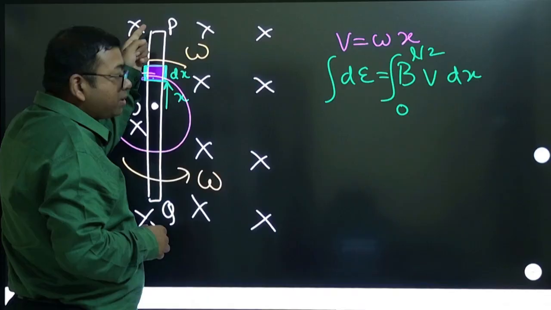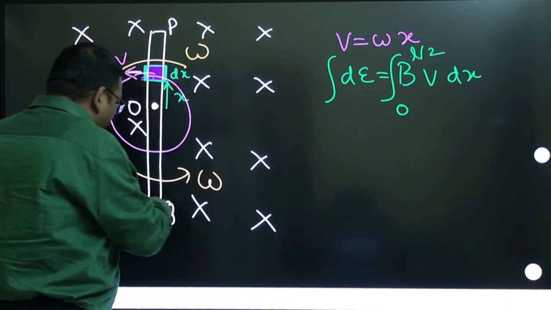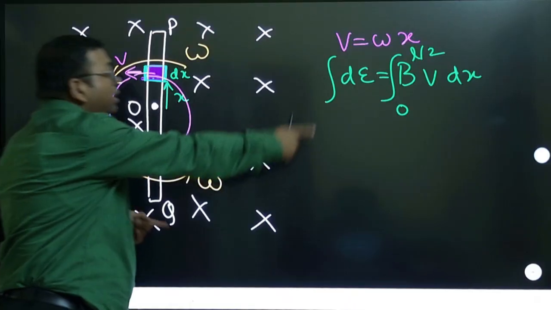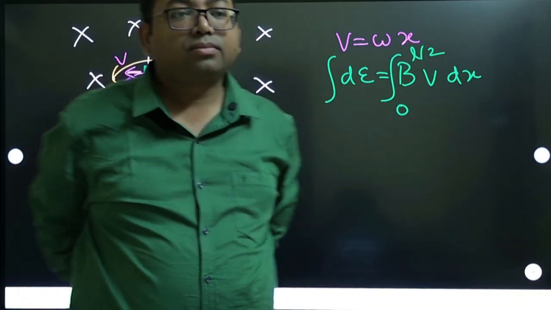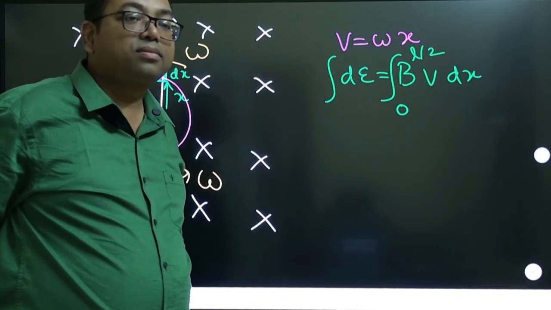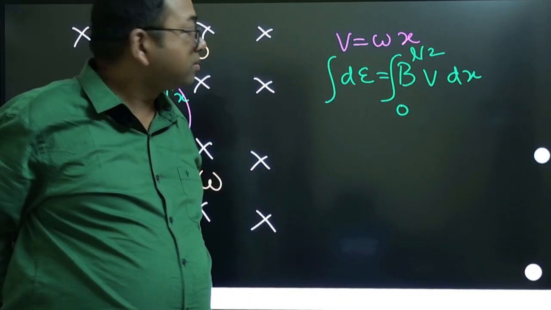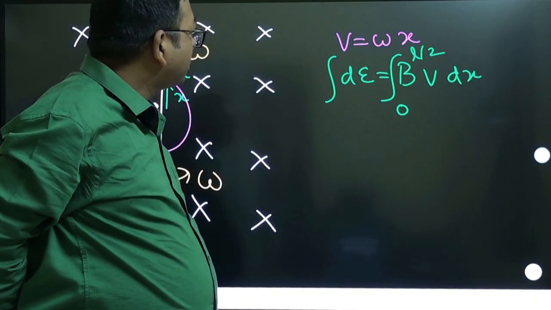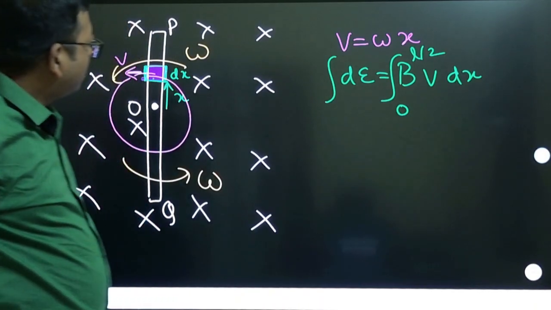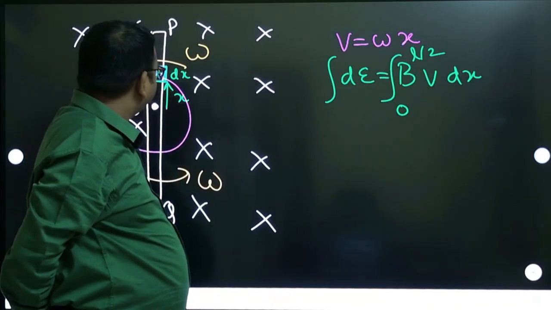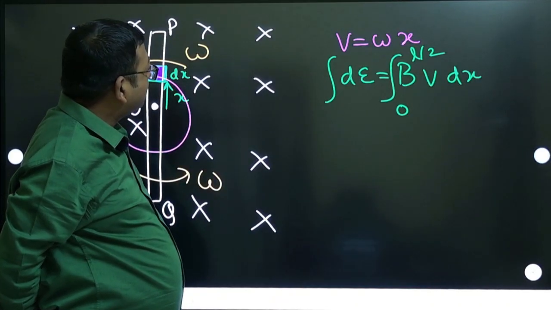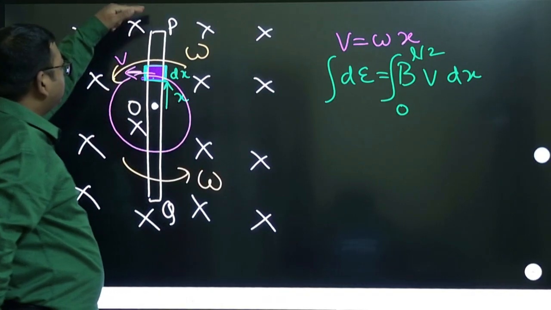Suppose you want the potential difference between Q and P, then what will be the limit here? So 0 to how much? Total length is this length.